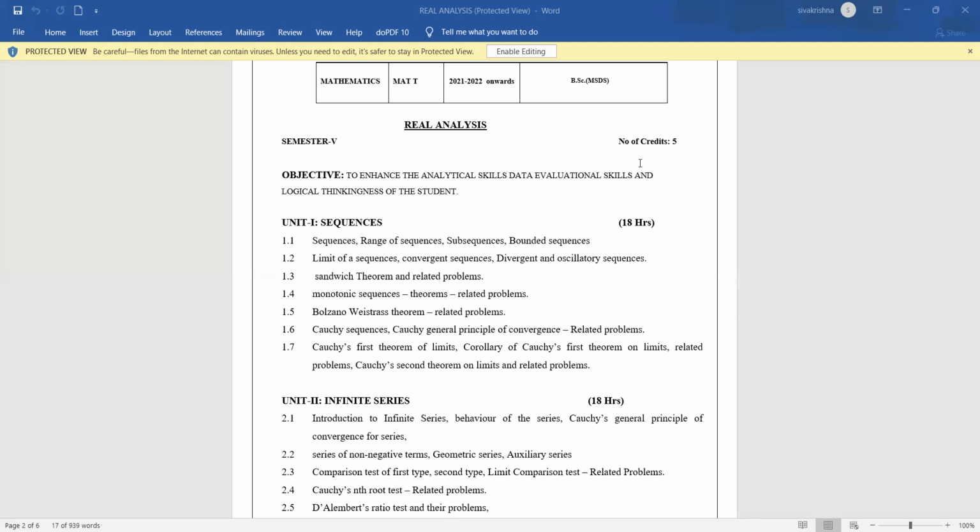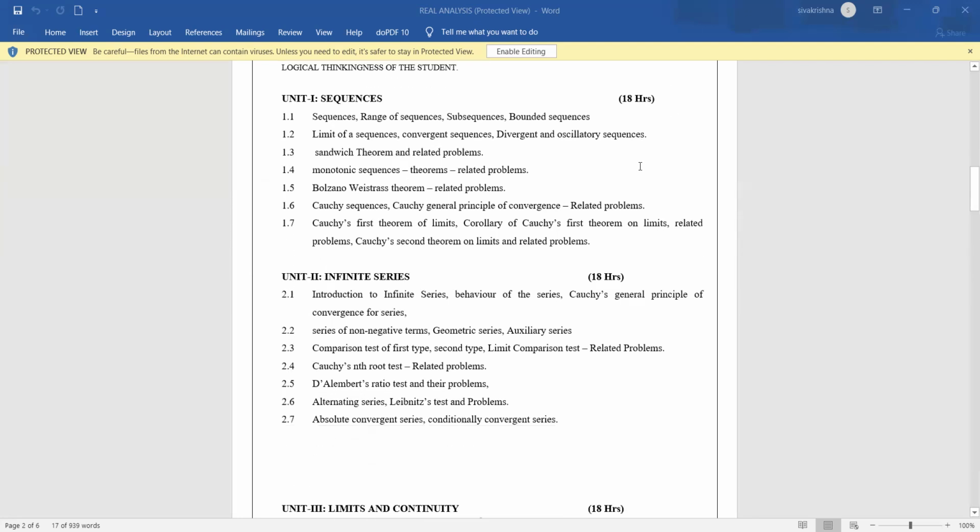Coming to the second unit, the title is infinite series. Here also, we will first define a series, and after that we will learn how we can say that the series is convergent or divergent.